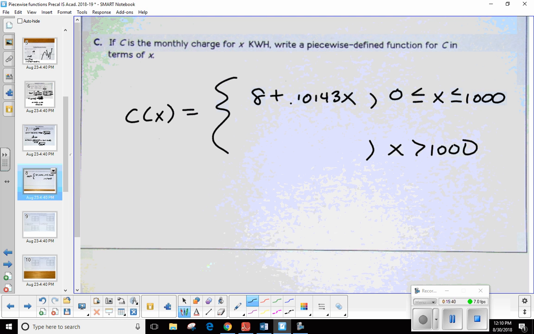Now, let me give you about a minute, maybe a minute and a half. Try to come up with an expression using x that would give you the cost if you were over 1,000. And think about how we set it up in B. That's going to make it go a lot easier.